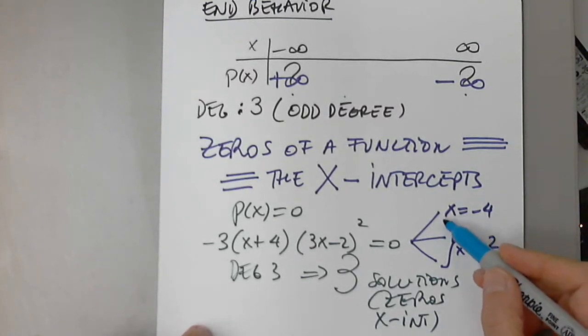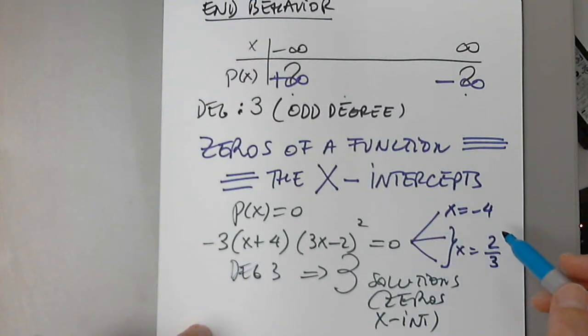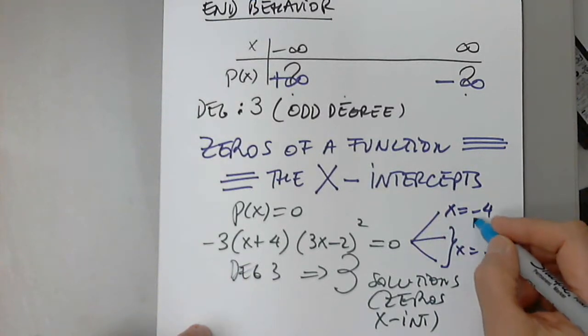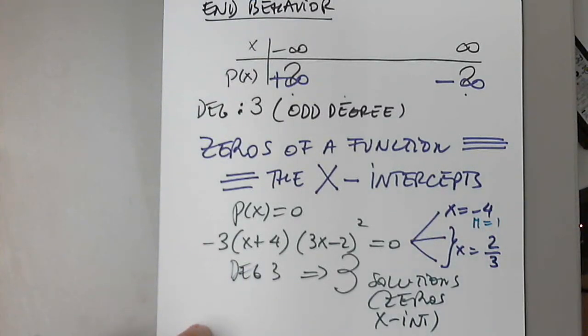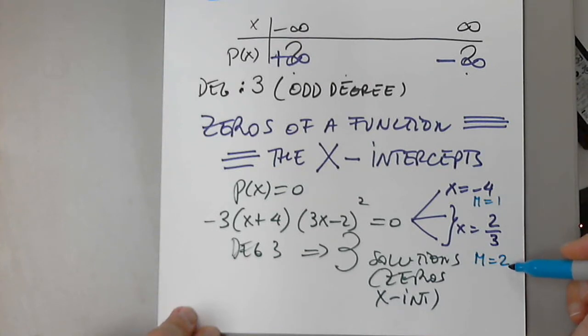How many times did x equals negative 4 appear as a zero? Exactly, so m equals 1. How many times does x equals 2/3 appear as a zero? So multiplicity 2. Multiplicity 1 plus multiplicity 2 equals the degree.